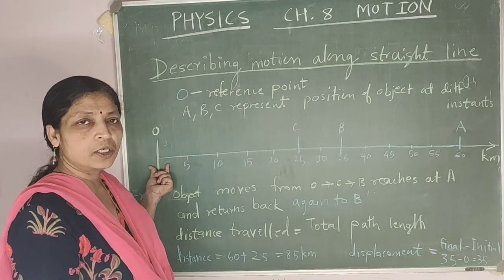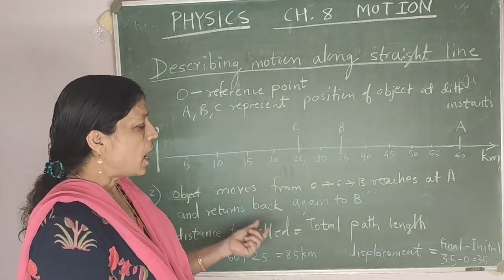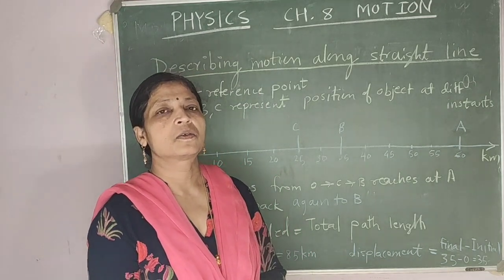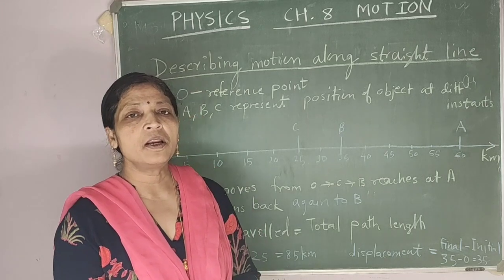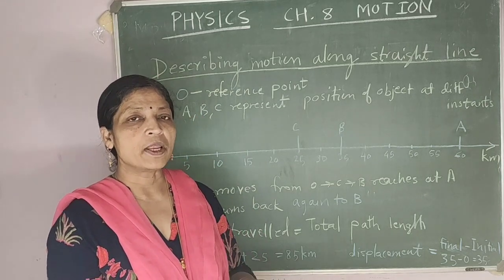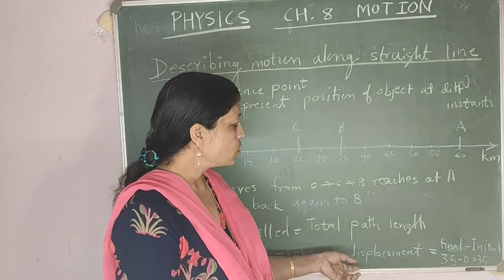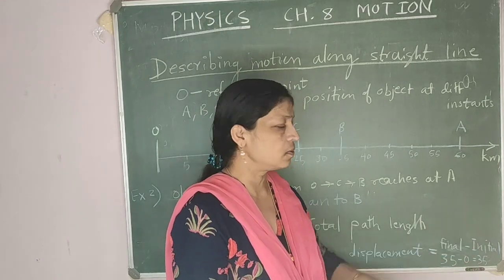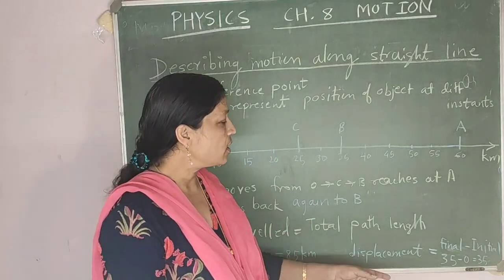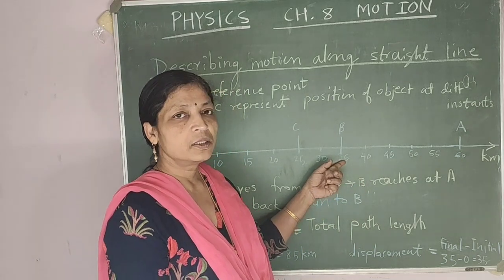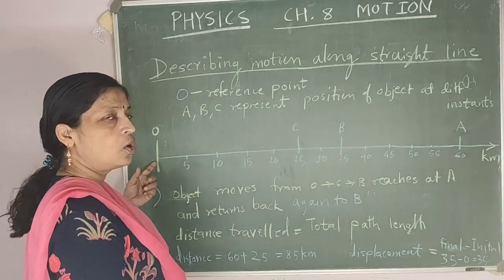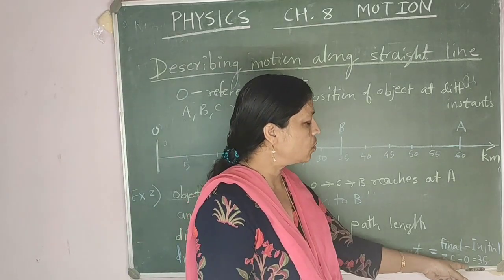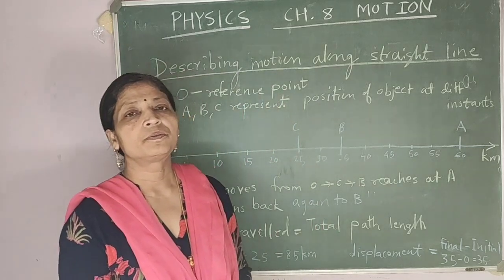O. And displacement, as we said, is the shortest distance between final position and initial position. So displacement equals final position minus initial. What is the final position? 35. What was initial? O, that is 0, our reference point. So 35 minus 0 equals 35 kilometer.